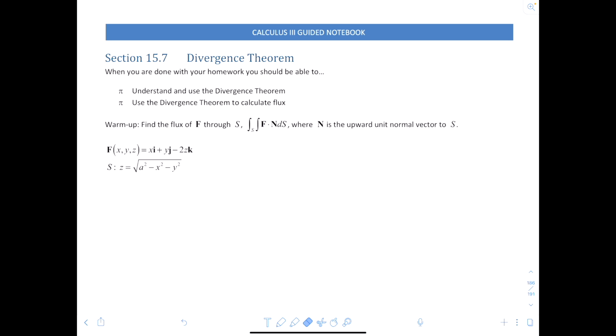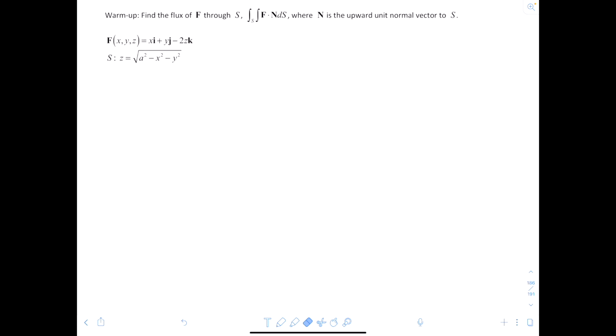Okay, let's see how you did. Well, we got a few things we need to find, right? First off, why don't we start by rewriting this surface as some g of x, y, and z equal to, so remember, if I had subtracted that square root from both sides, I'd have something equal to 0.